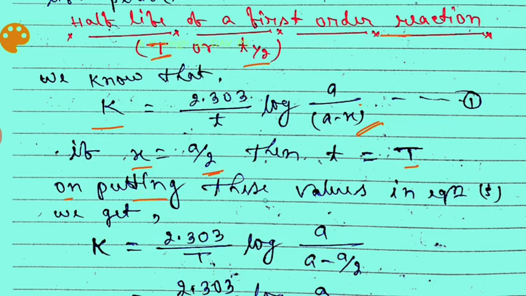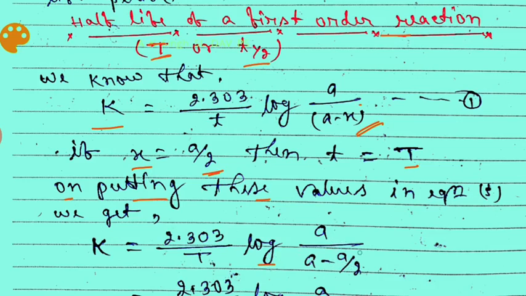On putting these values in equation 1, we get k is equal to 2.303 by T log a by a minus a by 2.